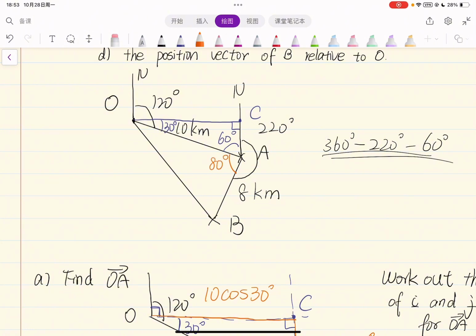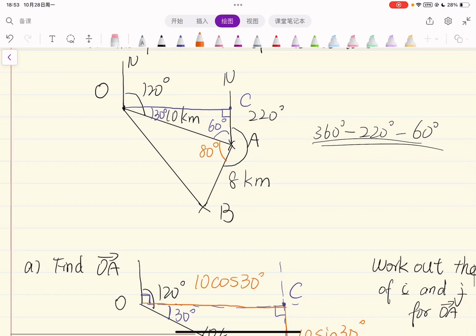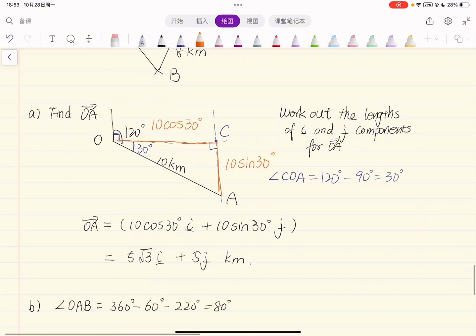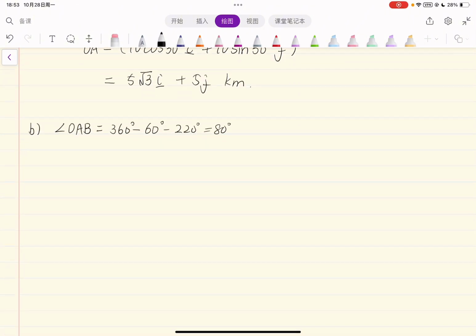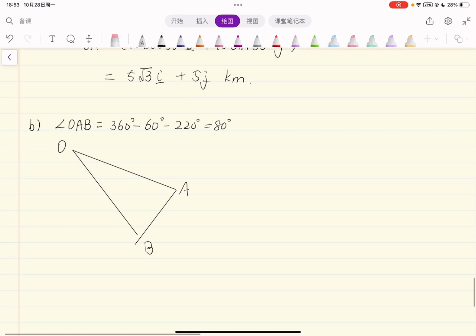Then we can use the cosine rule to find the magnitude of the vector OB. Let me do a sketch over here so you don't need to look upwards. So we have OAB: OA equals 10 kilometers, AB equals 8 kilometers, and the angle OAB equals 80 degrees.